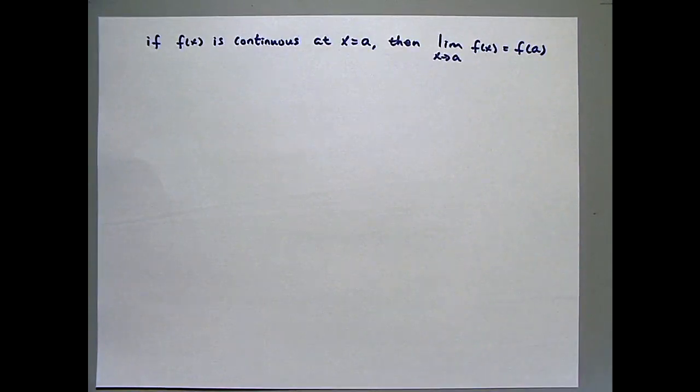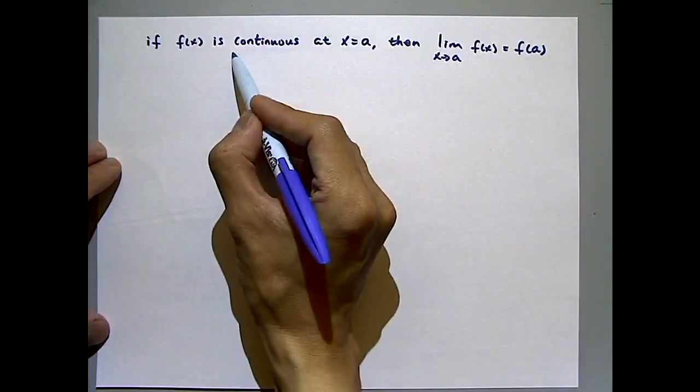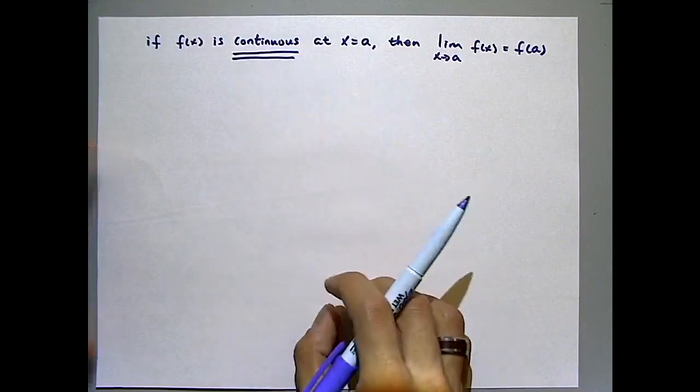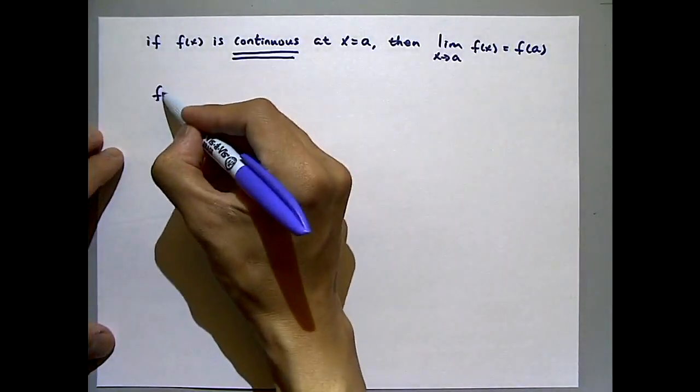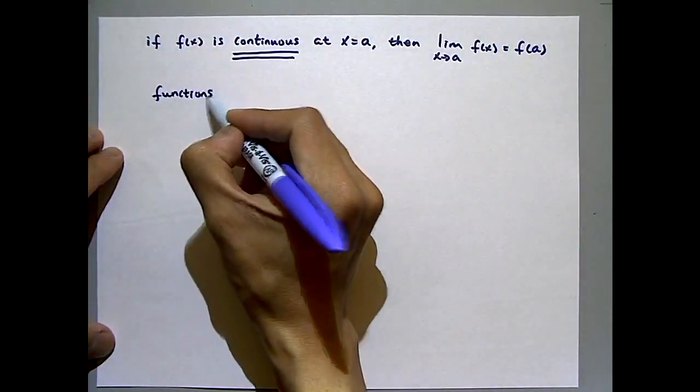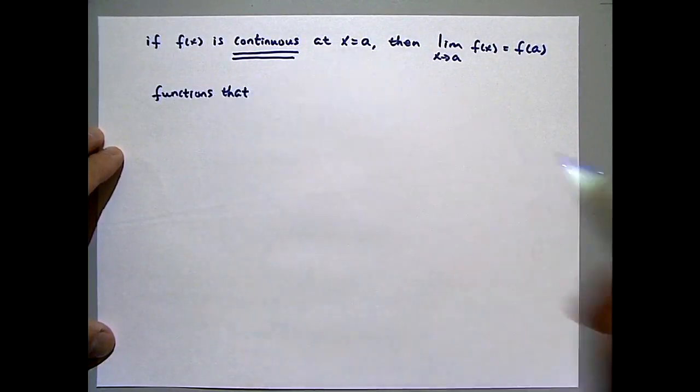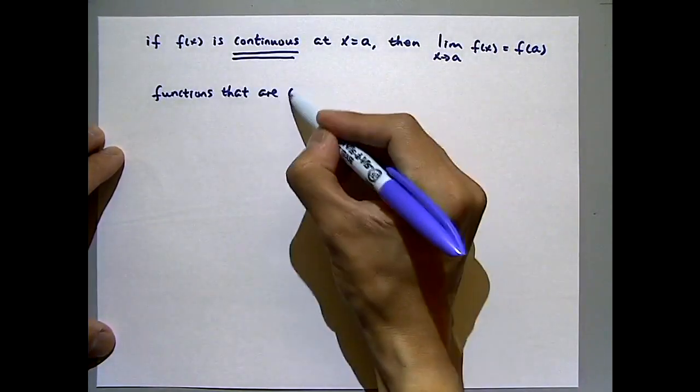So this is a case where we could get there, but when we talk about a limit, we're letting x get very close to a, and on a continuous graph, of course, that limit will be equal to what the function would actually give you. So this continuous part is a very important thing to know. And we can take great advantage of the continuous function properties when we deal with multiple variables. So let's make a list of functions that are continuous that we see often.